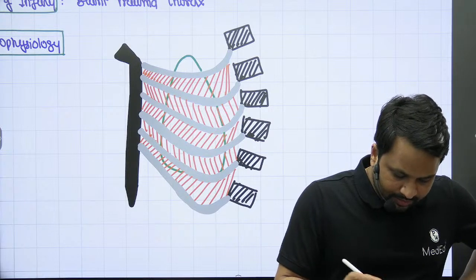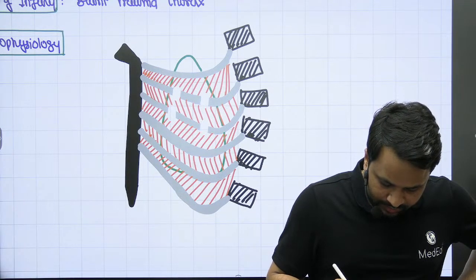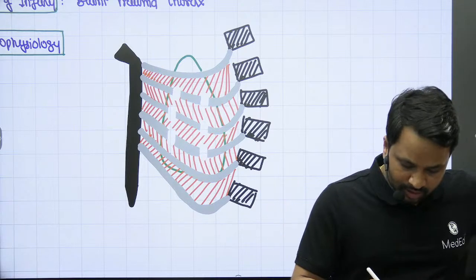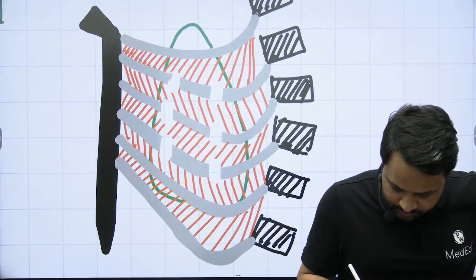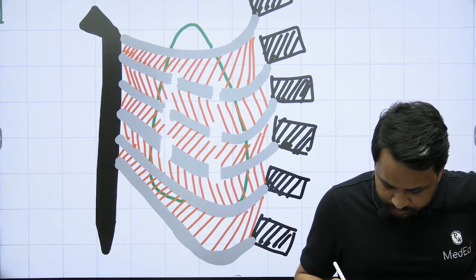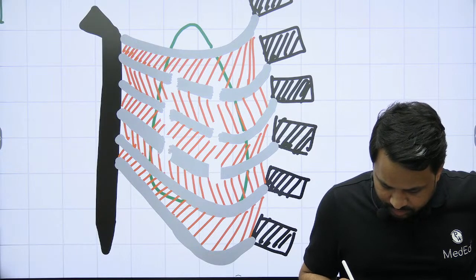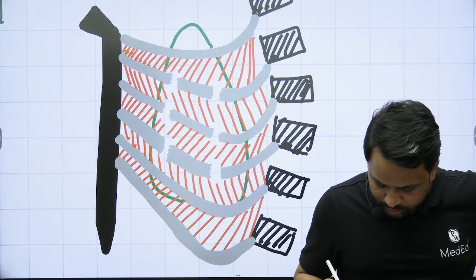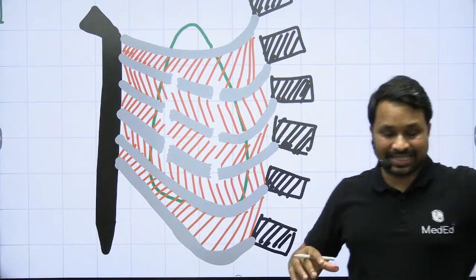So let's say fracture number 1 is here, fracture number 2 is here, and fracture number 3. The 3 continuous ribs were fractured. This is one fractured rib, there's another fractured rib here, and another here. So there are 3 continuous ribs fractured at 2 different sites on the same rib.